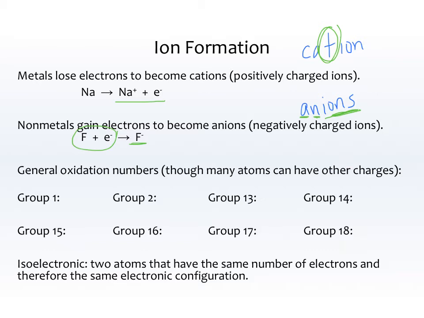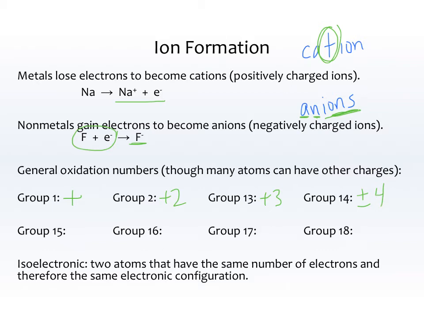General oxidation numbers, though many atoms can have other charges. Group 1 is generally +1. Group 2 is going to be +2. Group 13, skipping over the transition metals because there's lots of variations in the transition metals, will be +3. By the time you get to group 14, it's just as easy to gain 4 as it is to lose 4, so +4 or -4.